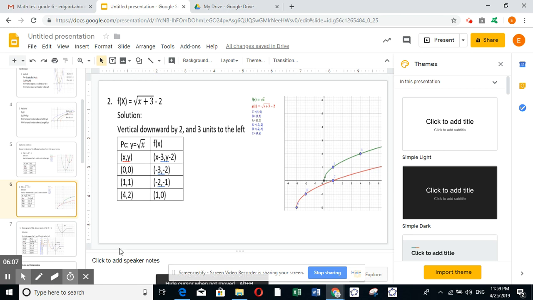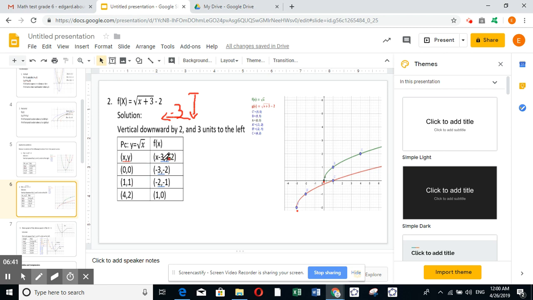Another example. Here I'm going down by 2 vertically because I have minus 2, I'm adding to y, and then going to the left because of plus 3, as I said, opposite. So for x, I put x minus 3, and for y, y minus 2. For root x, the particular points are 0, 0, 1, 1, and 4, 2. If you replace x by 0, y by 0, you have minus 3, minus 2. So 0, 0, its image is minus 3, minus 2, going 3 units to the left and 2 units down.